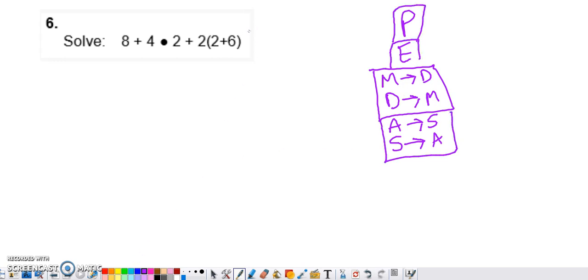Okay, so the first thing we're going to do is these parentheses. 2 plus 6 is 8. Keep them in parentheses because there's a 2 directly on the outside. Bring everything else down.